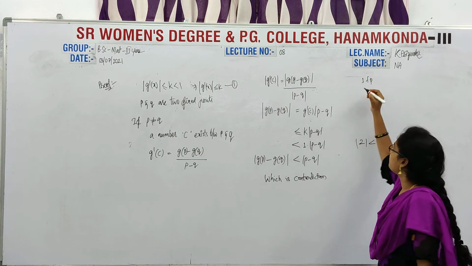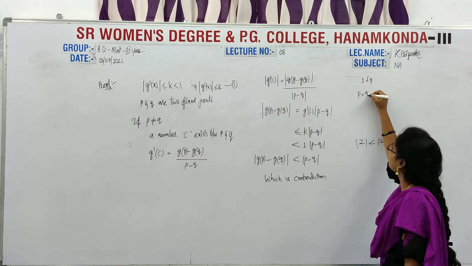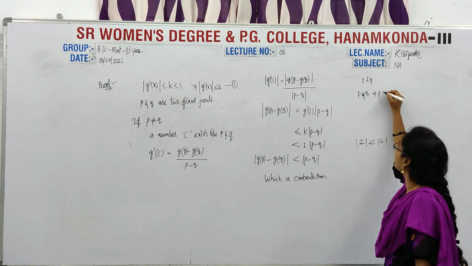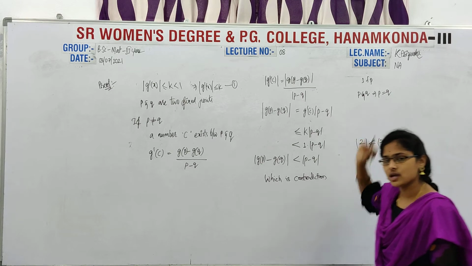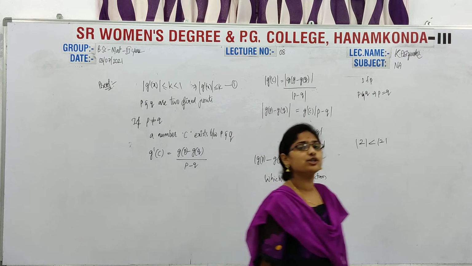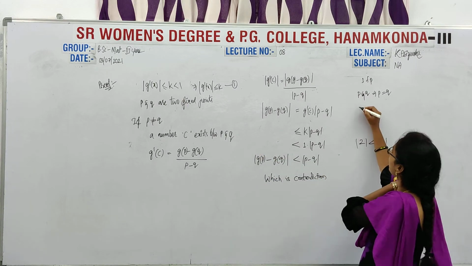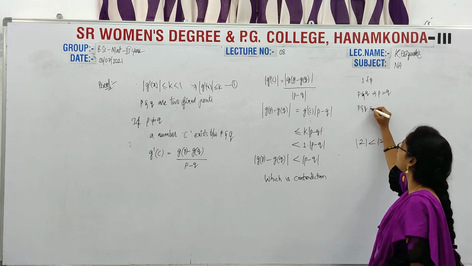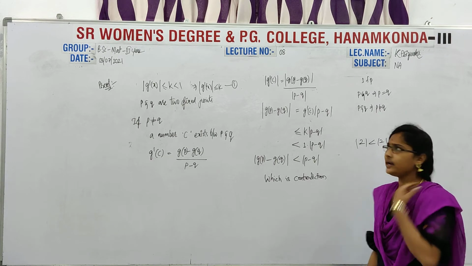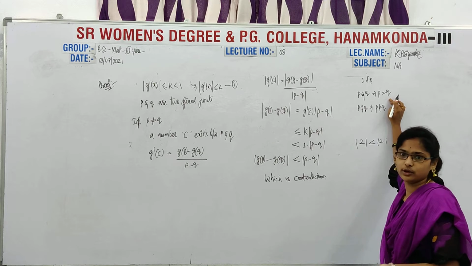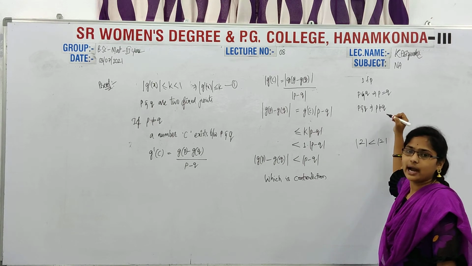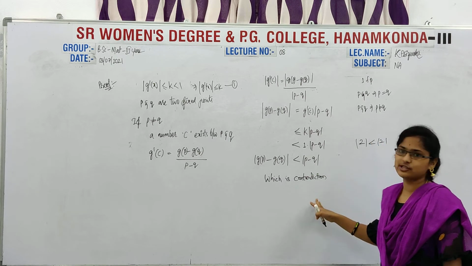For that we can take P and Q as two fixed points, and if we are able to prove both are equal, then we can say that yes, it has only one fixed point. But instead of that, I took P and Q as two fixed points, and I took that P is not equal to Q. What I have to prove is P equal to Q. So instead of proving this, I took P is not equal to Q, and by taking this, I am getting a contradiction.